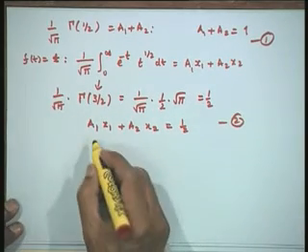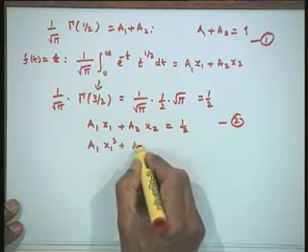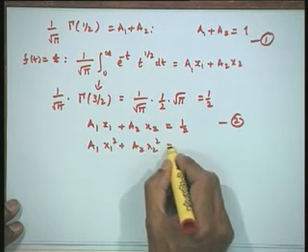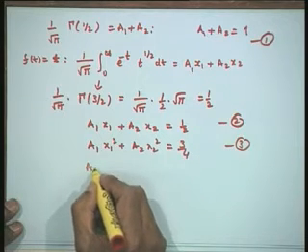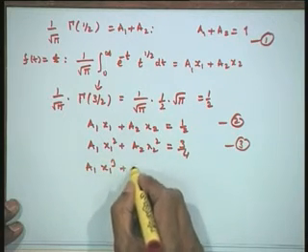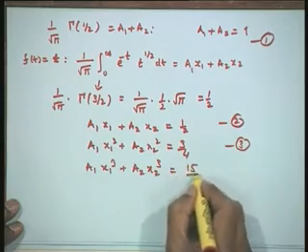Similarly, I will give the remaining equations. You will get a1 x1 squared plus a2 x2 squared is equal to 3 by 4, that is equation 3, and a1 x1 cubed plus a2 x2 cubed is equal to 15 by 8.